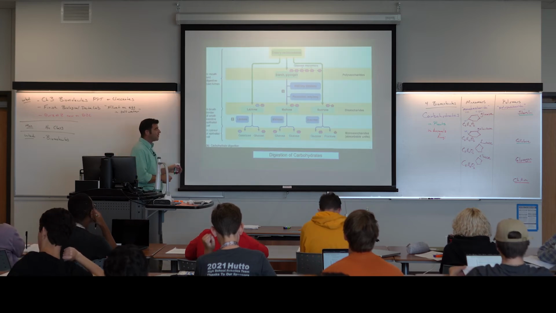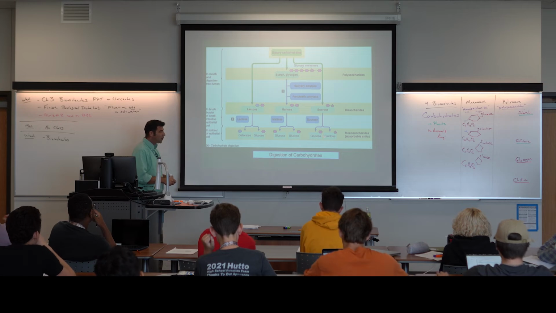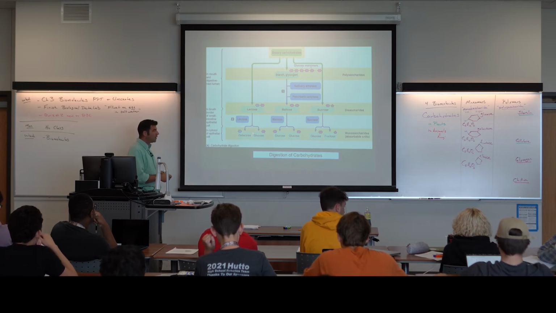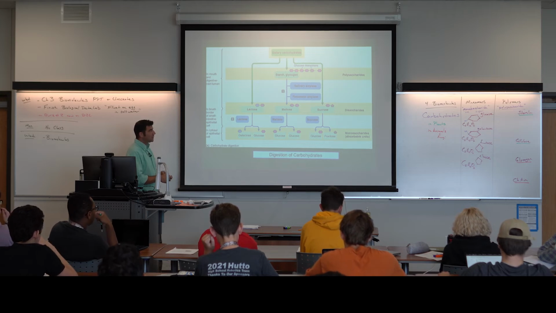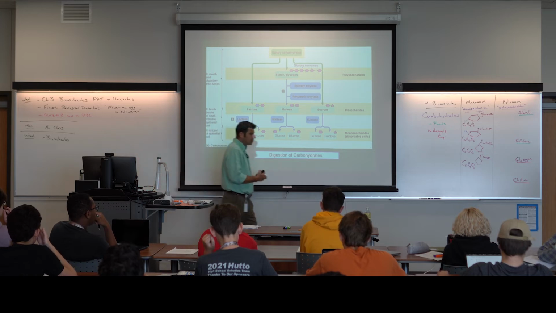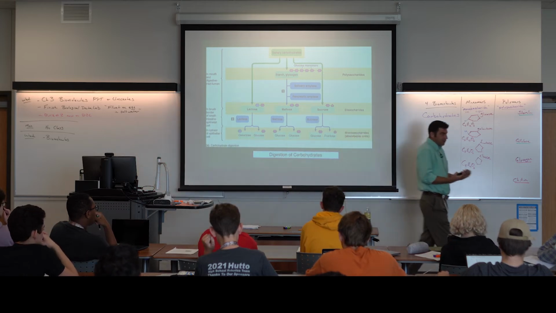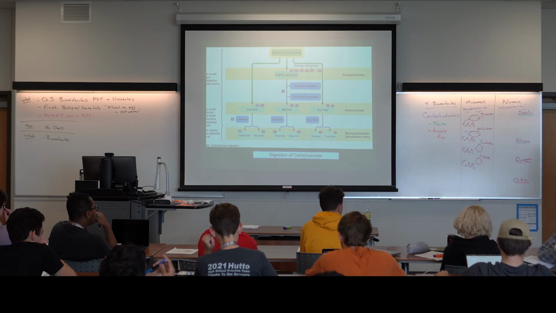So here I'm going to go back to this slide. How we get them broken down into their individual monomers is by taking the polymer and chopping it down into individual disaccharides. Here's where that pancreatic amylase is much more effective. And if you're like me, somebody that doesn't have time to chew their food 30 times before they swallow it, I might have 3 minutes to eat a burger.